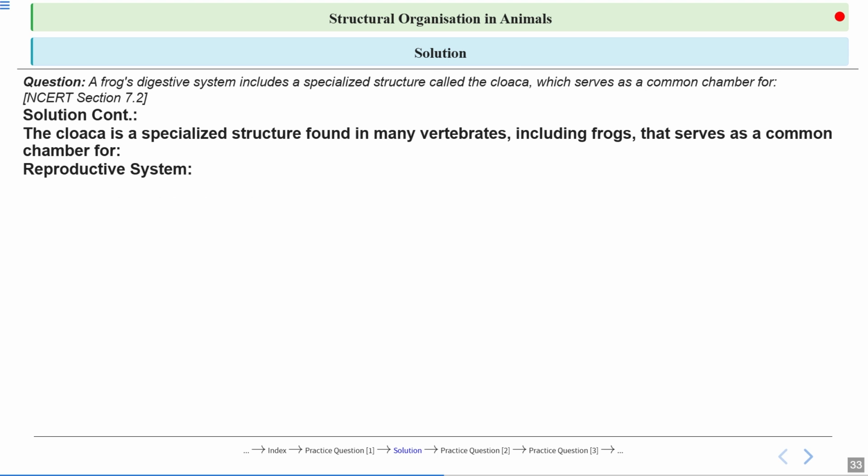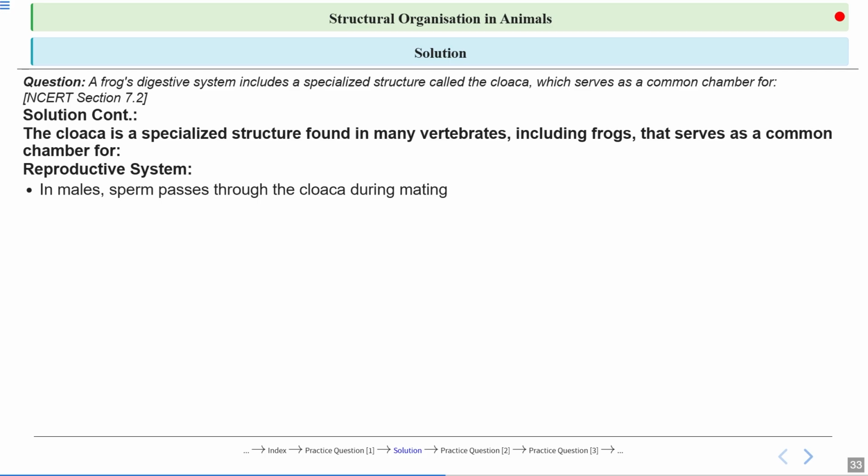Let us see. In males, the sperm passes through the cloaca during mating. The sperms produced inside the testes come out through the vasa deferentia, and the end of the vasa deferentia has a canal system called Bidder's canals.